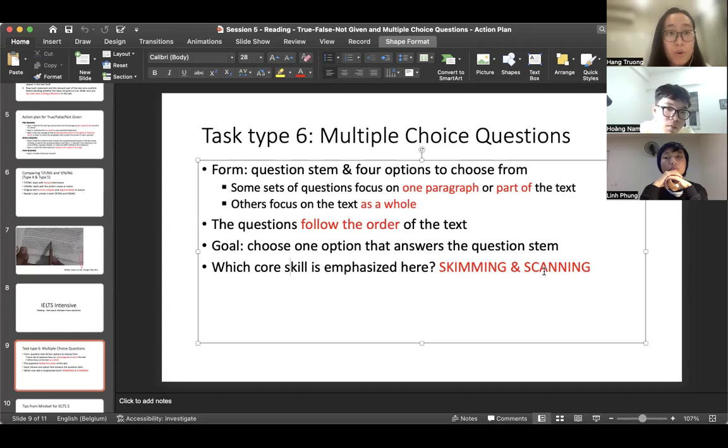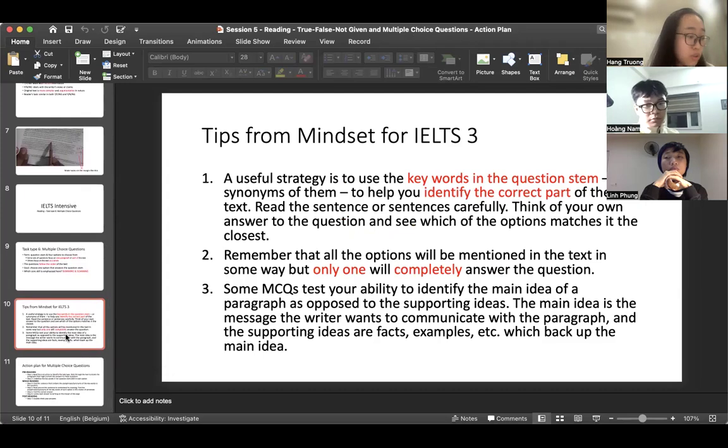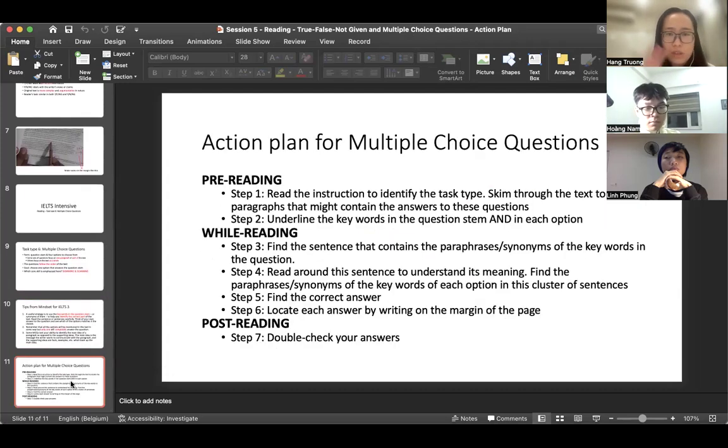That's how we answer the more specific questions here. So both skimming and scanning. This is going to be the action plan to tackle this task type.